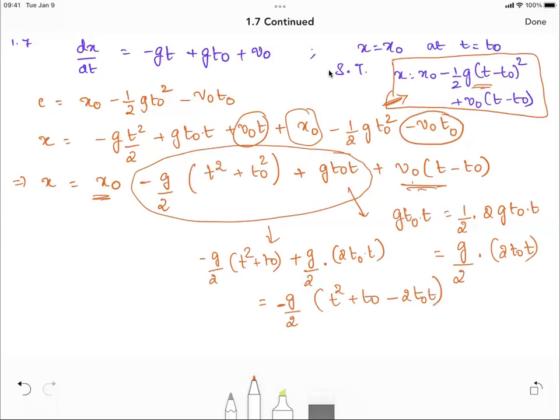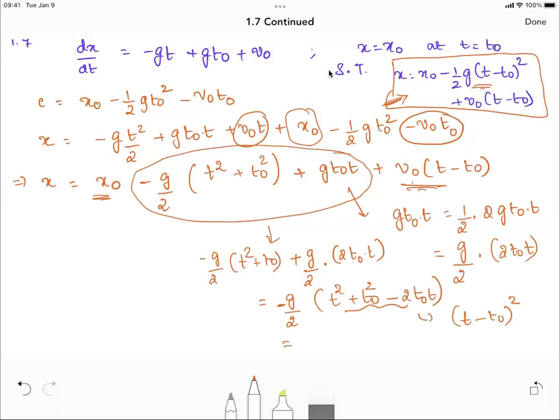This is of the form (a minus b) whole square, where you have a squared plus b squared minus 2ab. So this term can be written as t minus t0 whole square.